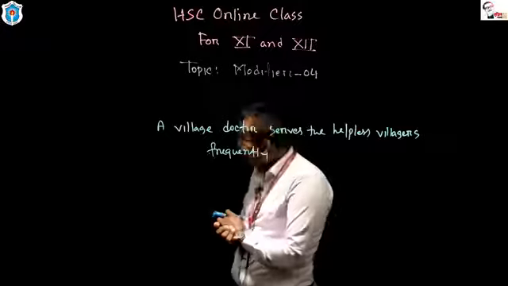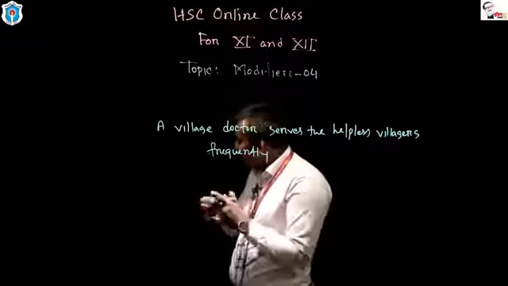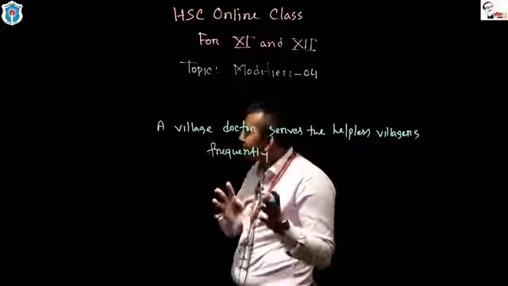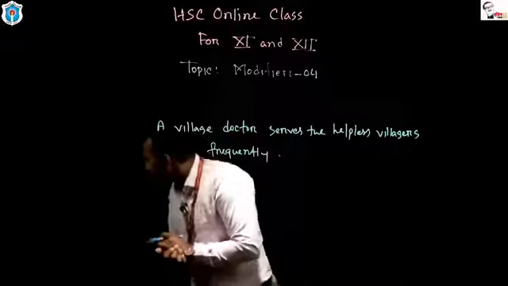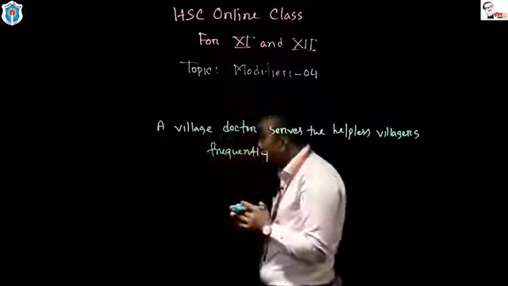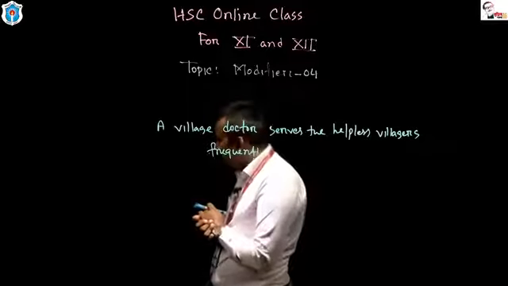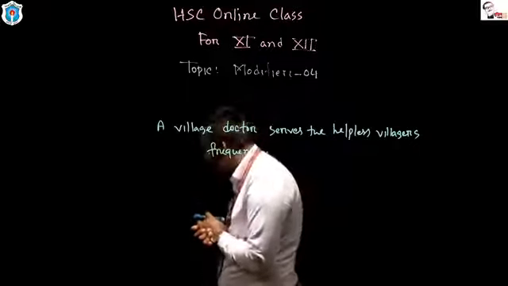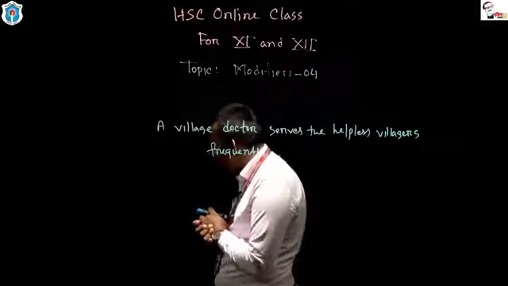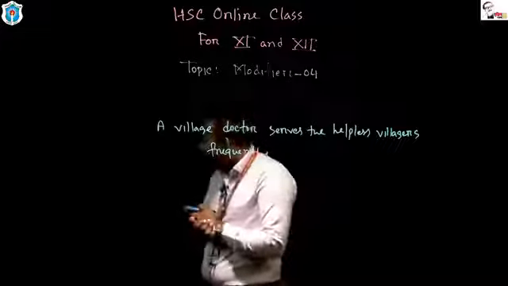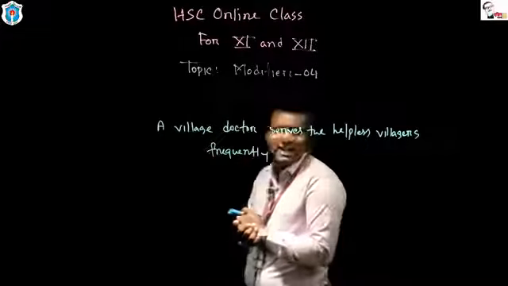Thank you. Ashim, there are some other words or phrases. There are some other modifiers. Try to find out. Ashim has identified 2, helpless and frequently. Okay. Nafis Islam, very talented boy: village modifies doctor, helpless modifies villagers, also frequently. Thank you. Only 2. Very sad.